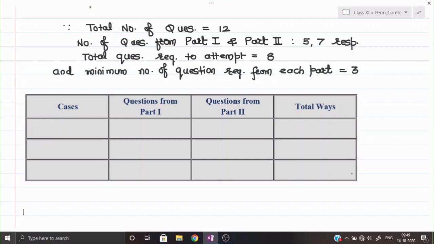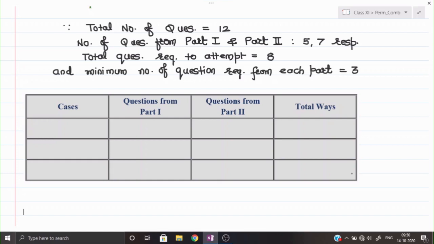Normally we say solve question 10, then 11, then 8, then 12, but students do not follow a particular sequence. Sometimes they solve in a random order also. Does it make any difference?